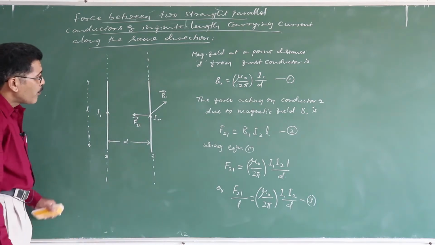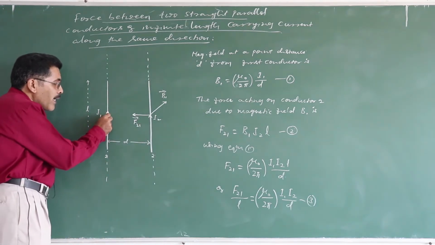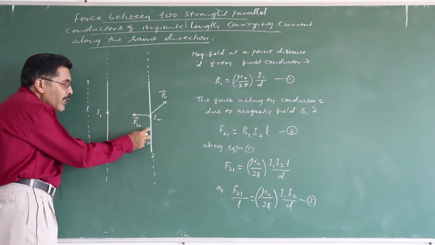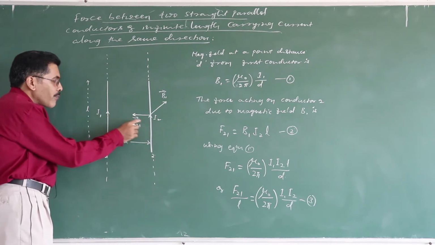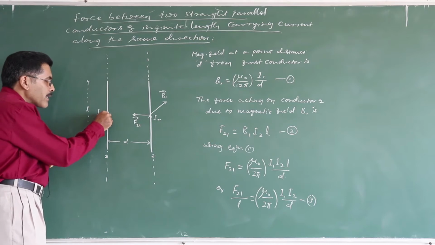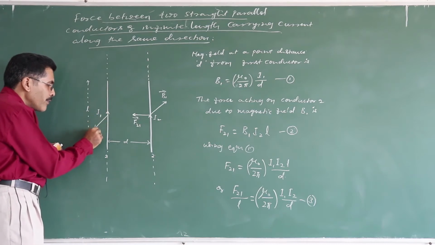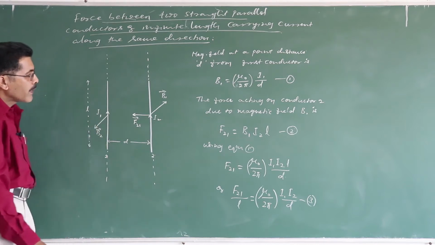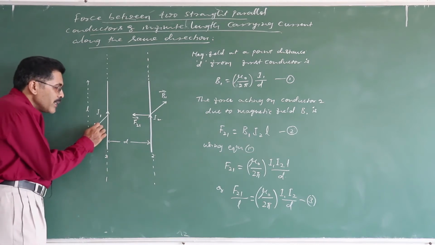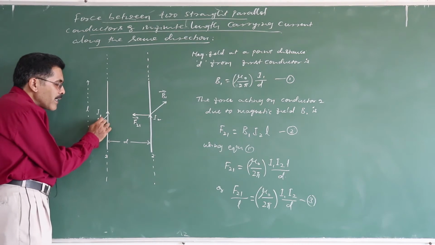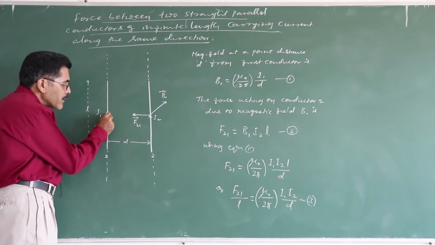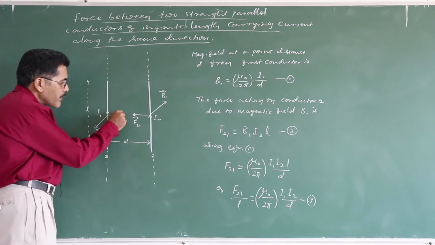Similarly, what is the magnetic field at this point due to current flowing in this conductor? It is acting like this. This is the magnetic field B2. Because of this magnetic field, this conductor also experiences force like this.